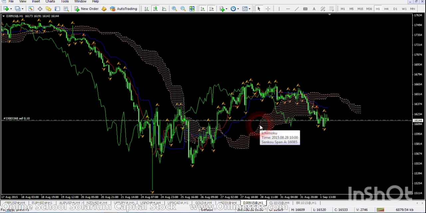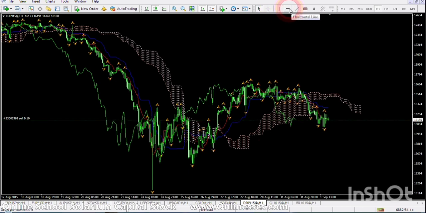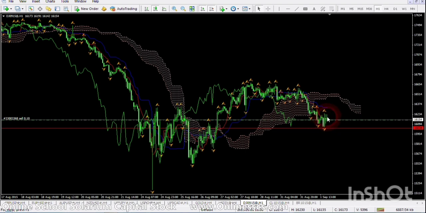We go to the cloud. Not these places that are going upwards or downwards. With a horizontal line, here I have a little flat.